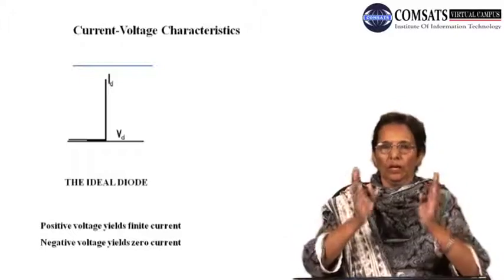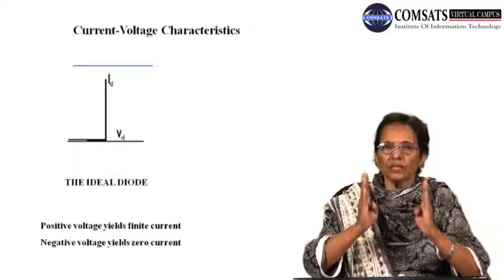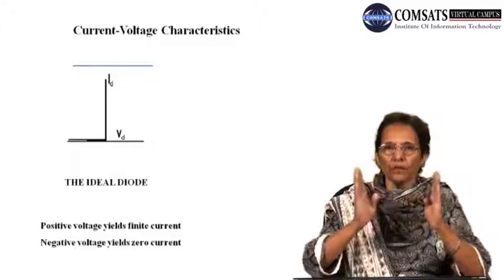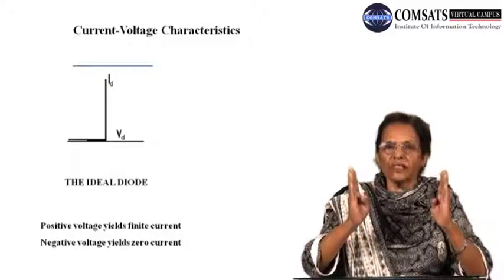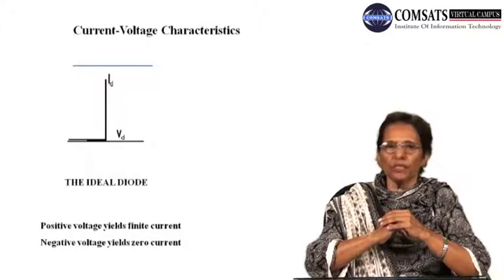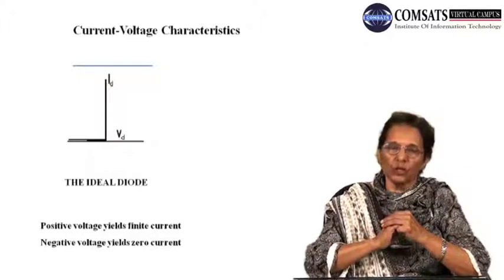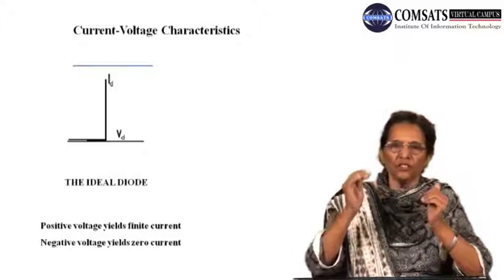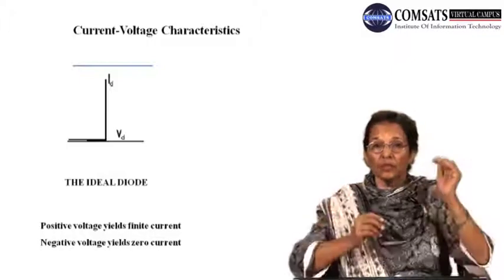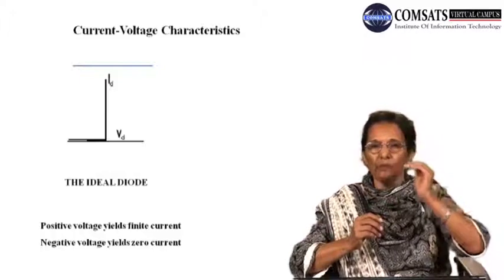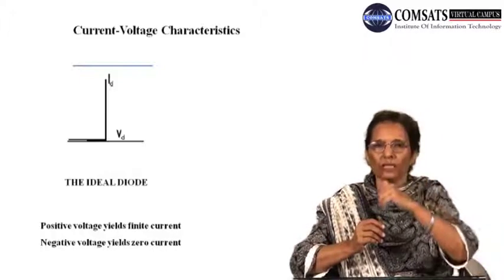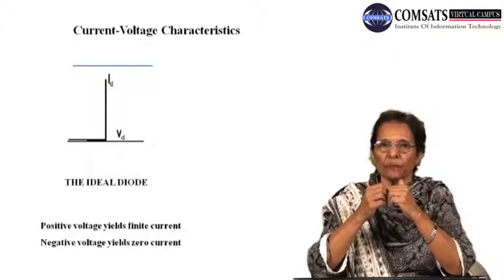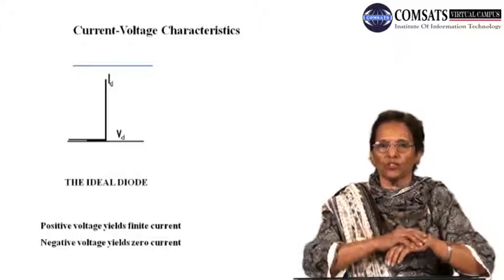Saturated. Now, what happens in a reverse bias junction? In a reverse bias junction, because the electric field becomes significantly stronger, majority carrier diffusion has been stopped, is almost negligible. But if by any chance some of the minority carriers, that is holes from the N side, happen to come by diffusion and land into the depletion region, the electric field present in the depletion region will sweep them across the junction.